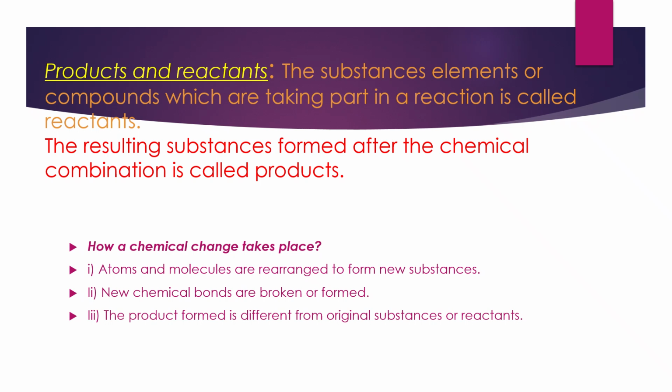Then chemical bonds are broken or formed. The product formed is different from the original substances or reactants. See, when carbon and oxygen react, it will give you carbon dioxide. But carbon is a very inflammable substance and oxygen helps in burning, while with CO2 we can extinguish fire. So the characters of the reactants and the products are almost different.